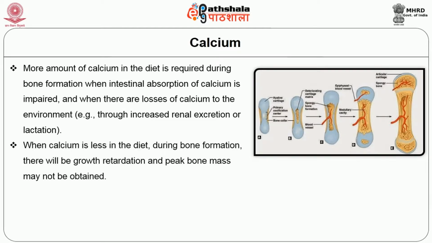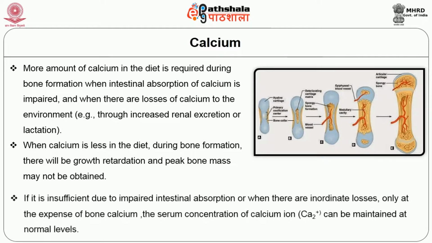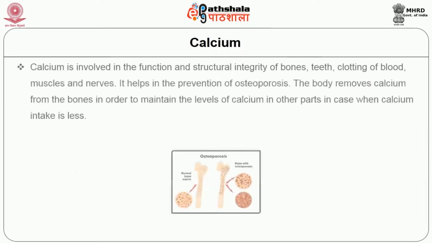When calcium is less in the diet during bone formation, there will be growth retardation and peak bone mass may not be obtained. If it is insufficient due to impaired intestinal absorption or when there are inordinate losses, only at the expense of bone calcium, the serum concentration of calcium ion can be maintained at normal levels.